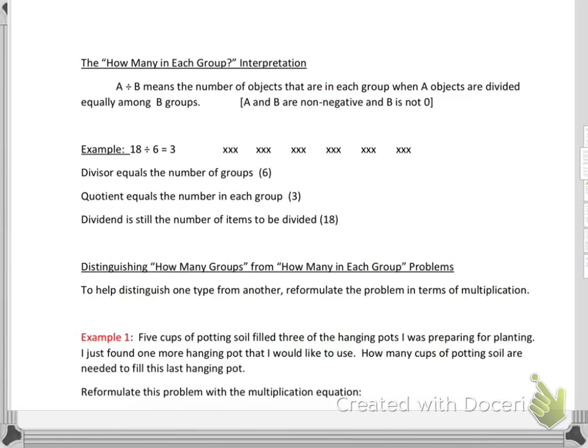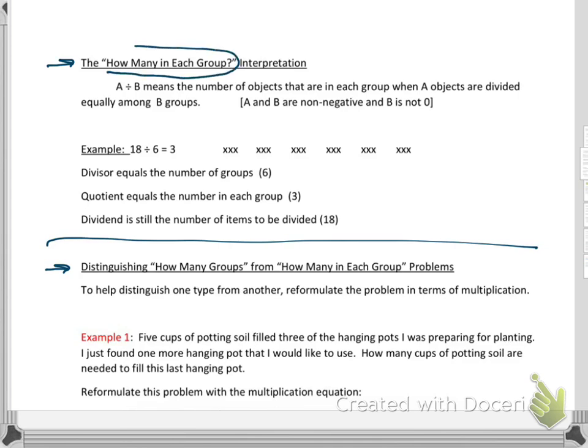Here, we're going to look at the other interpretation. That is distinguishing how many groups from how many in each group. Let me rephrase for a second. Instead of saying how many groups, this says how many in each group.